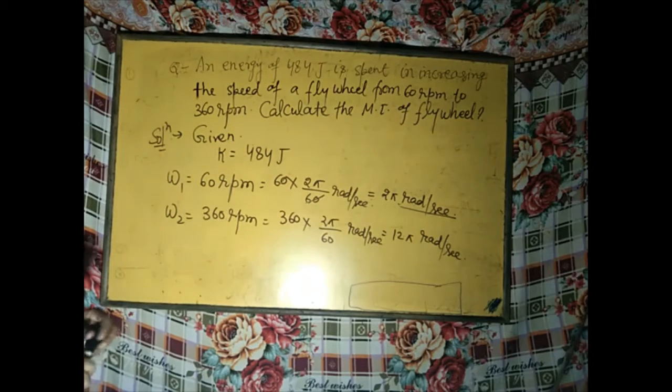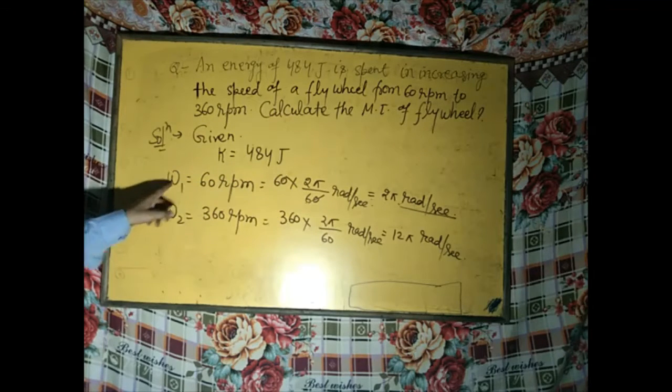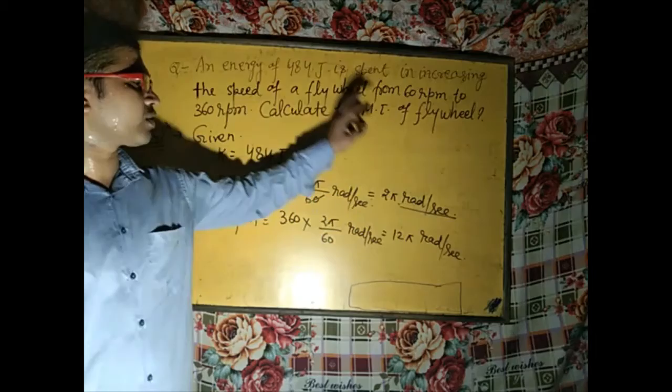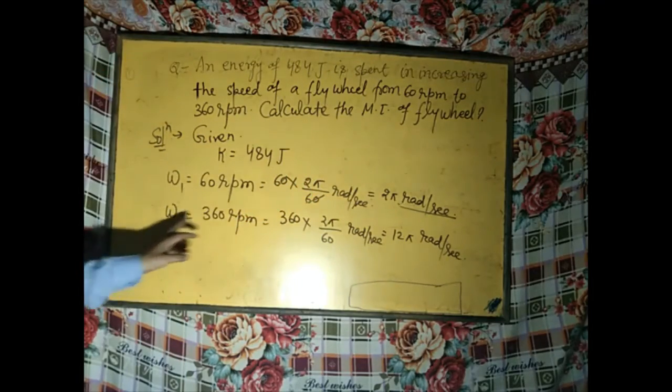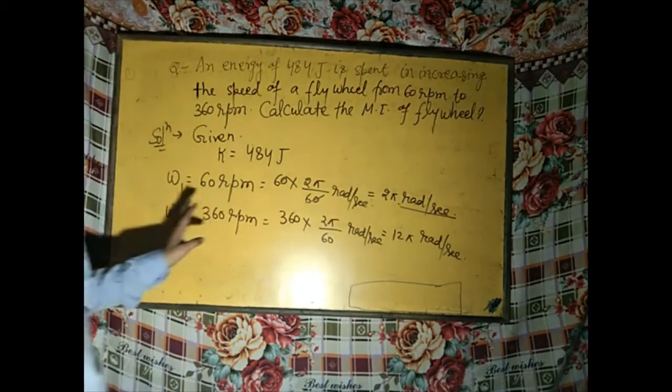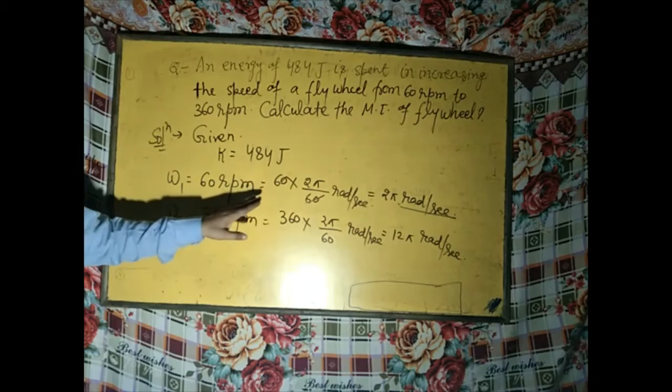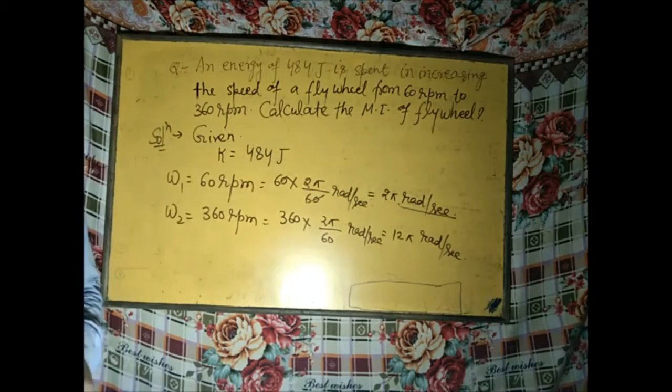Then how will you get this moment of inertia? So for this calculation I am going to erase this part of calculation, and I will write omega 1 is equal to 2 pi radian as the given quantity, and omega 2 is equal to 12 pi radian as a given quantity here. So you can note down if you want to know how it is converted into radian per second.